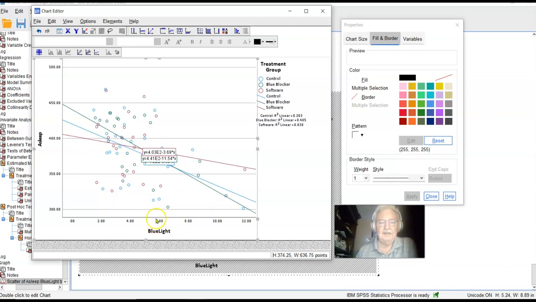And these lines are crossing. If we were to do a test with the interaction, we can test this. In this case, when you're doing your analysis, you add an interaction term. So let's go ahead and do that.